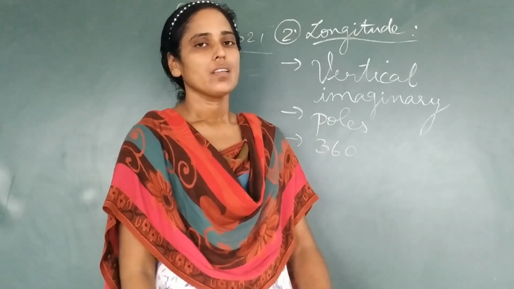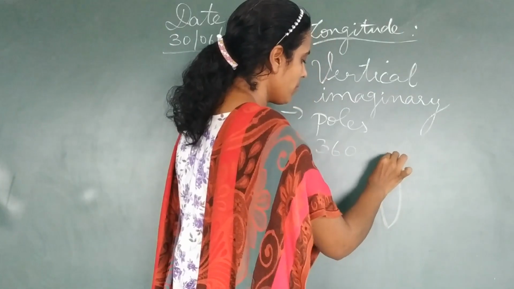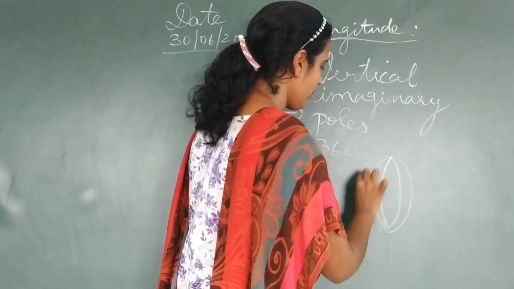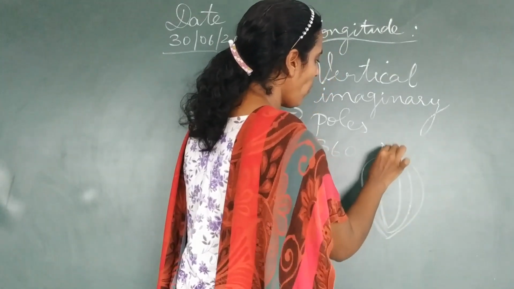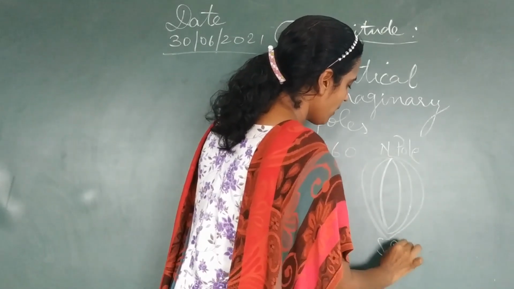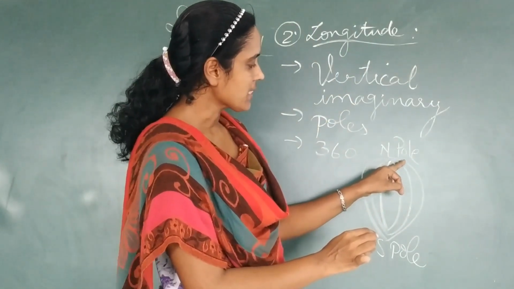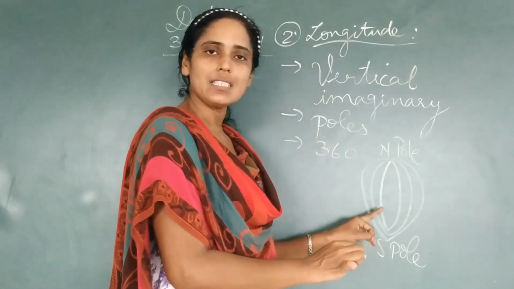So, students, the vertical lines meet at the poles in this manner. See, this way. Okay. This is the North Pole and this is the South Pole. Okay, students. See, they come closer to each other when they meet at the pole. See, here the distance gets lesser and lesser. Can you see this? Yes.